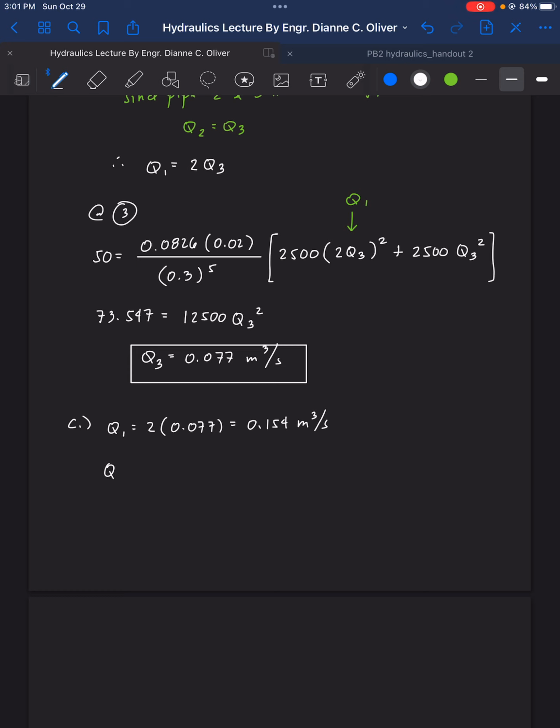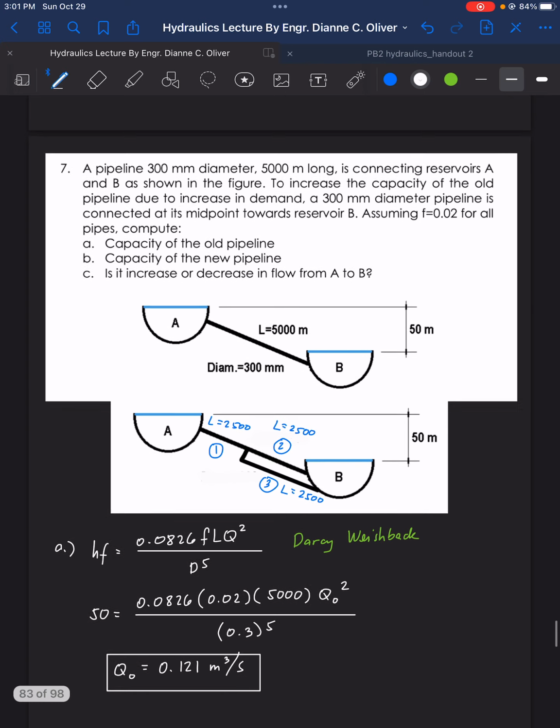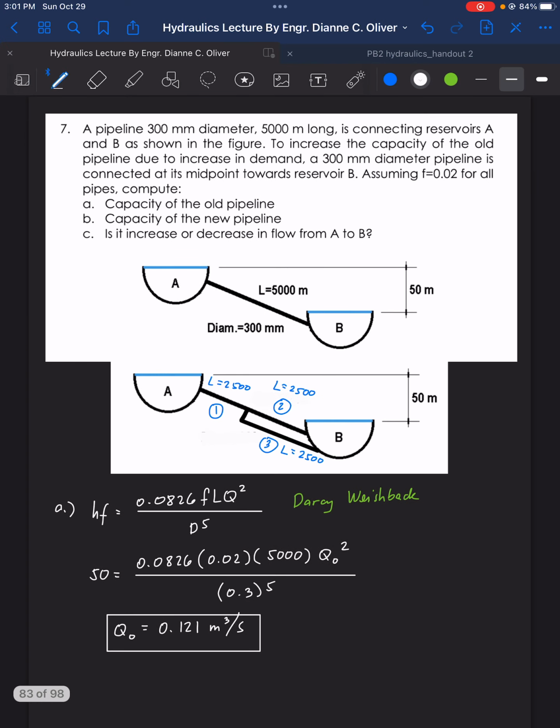So Q1, the old one, is 0.121 cubic meter per second, is less than Q1 new, which is 0.154 cubic meter per second. Therefore, there is an increase. So the answer there is an increase of flow. So that's for example number 7.